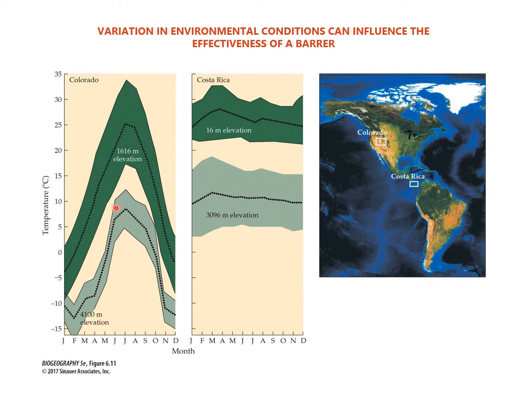So it's going to be less of a barrier than in Costa Rica, where if you're an organism that exists down here, you're going to encounter a very different environment if you're going up here, something you would never encounter otherwise, and so that's probably going to be more of a barrier. So the variation in those environments, and how different the environment of the barrier is compared to the other locations, is going to influence how much of a barrier it actually is.